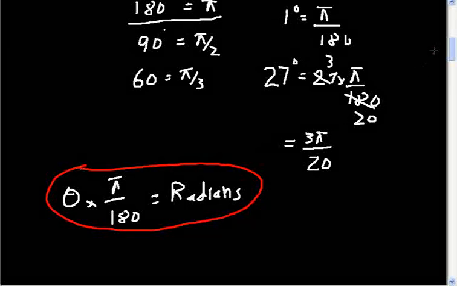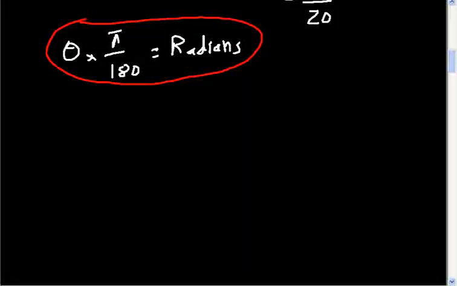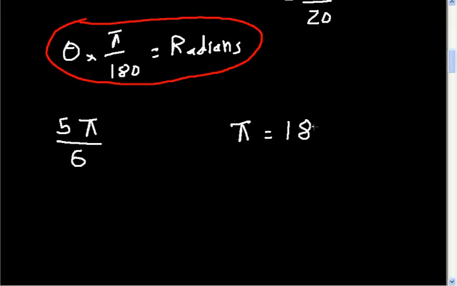What if you need to go the other way? If you've been given an angle in radian measurement, 5 pi by 6, and you need to figure out the angle in degrees. Let's figure out a way. You know that pi radians is equal to 180 degrees.